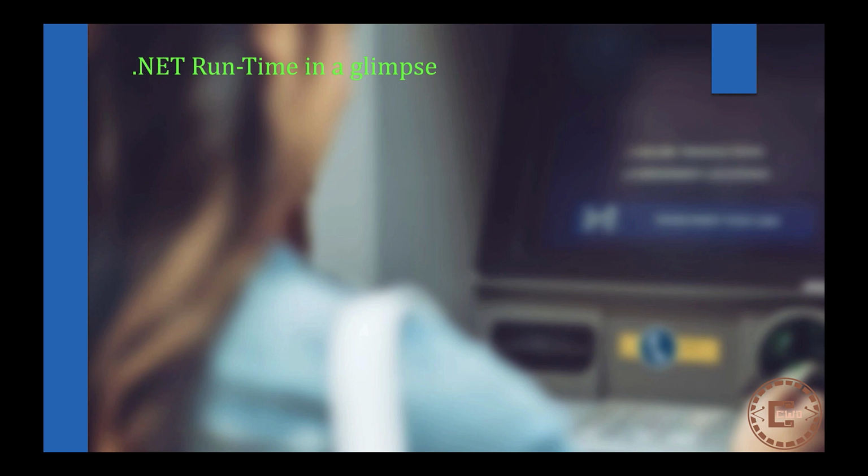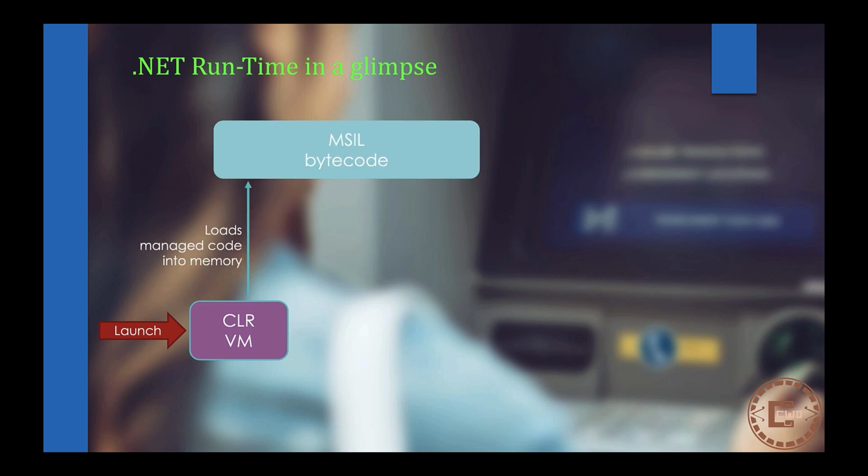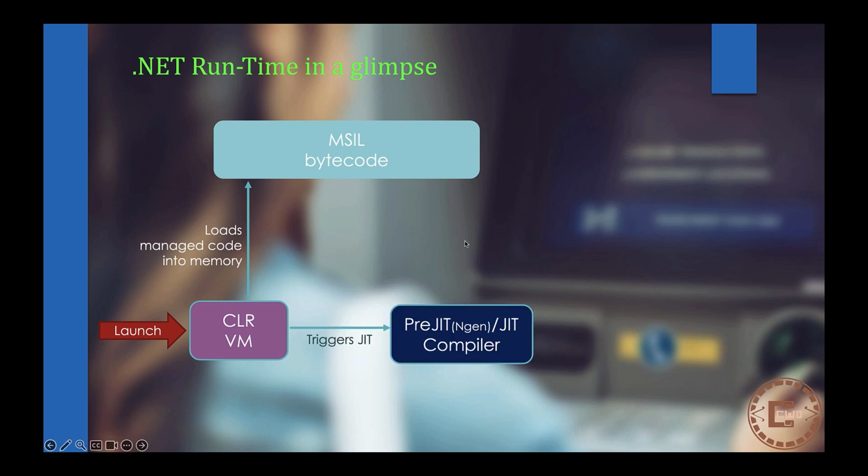Let's see now how this whole thing runs in a glimpse. First, you double click on a .NET executable, which calls the CLR. The CLR has an internal virtual machine. It loads the managed code. Remember, this is managed code that was created with the .NET compiler. That code goes into MSIL bytecode, intermediate language. That triggers our compiler.